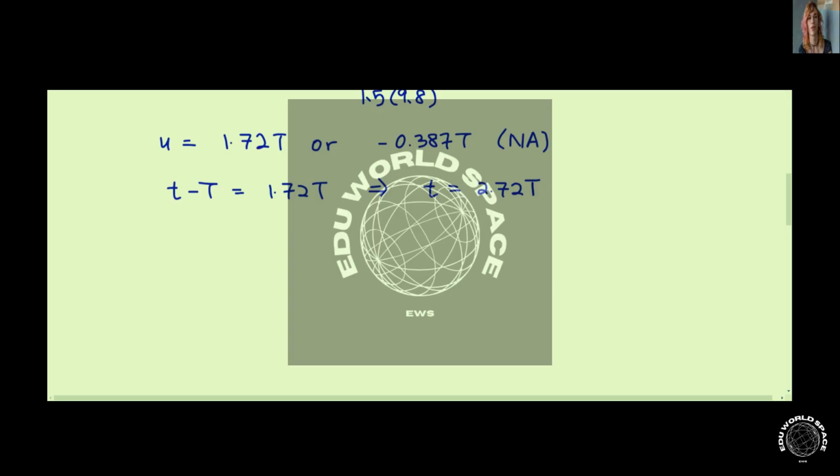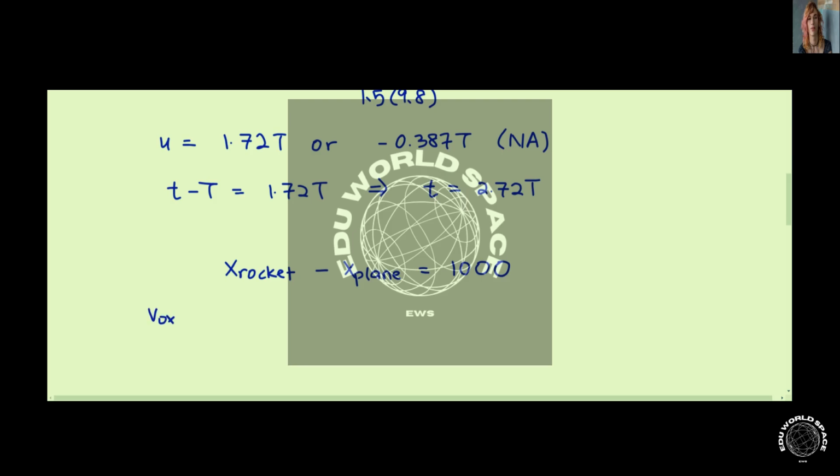Then the rocket and the plane, their distance will be 1,000 meters when they are at the same height. So we'll write down the position of the rocket.